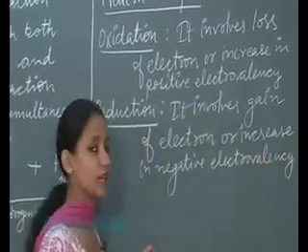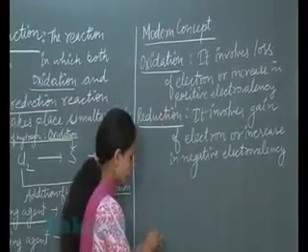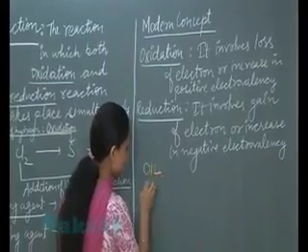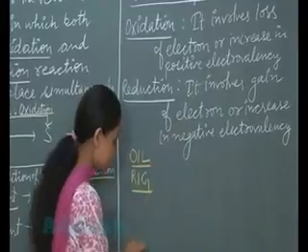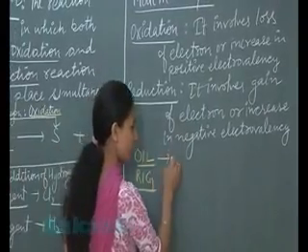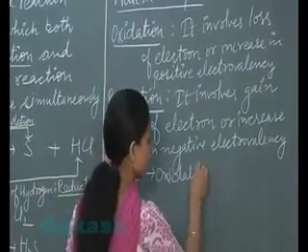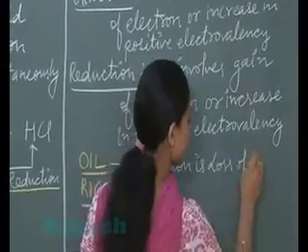Now students, as a memory aid, we can learn oxidation and reduction in this way. We can learn two words, one is OIL and the other is RIG. Now students, OIL represents oxidation is loss of electrons.